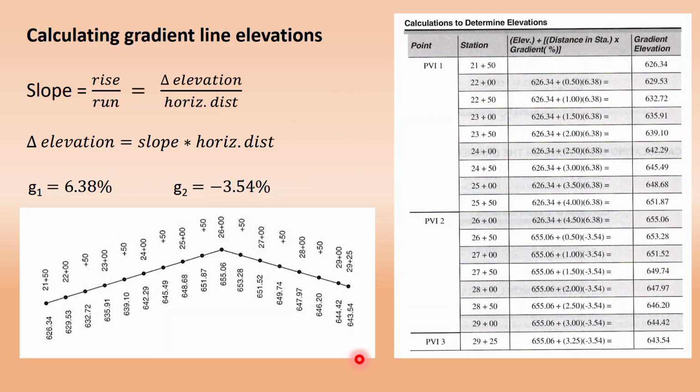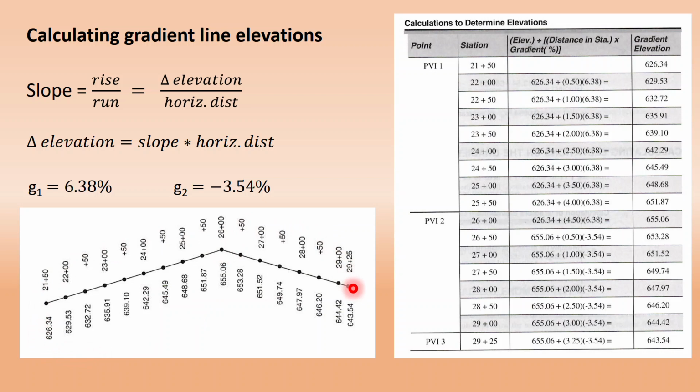Okay, so the first step, like we talked about a couple slides ago, is to calculate the gradient line elevations. We're going to keep working with the same example that we started at the beginning of this. We were given those 3 PVI stations: 21 plus 50, 26 plus 25, and 29 plus 25.